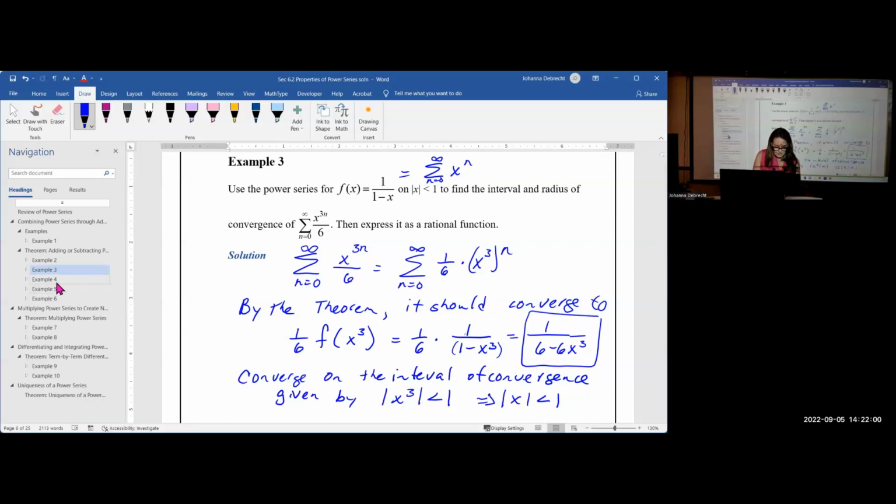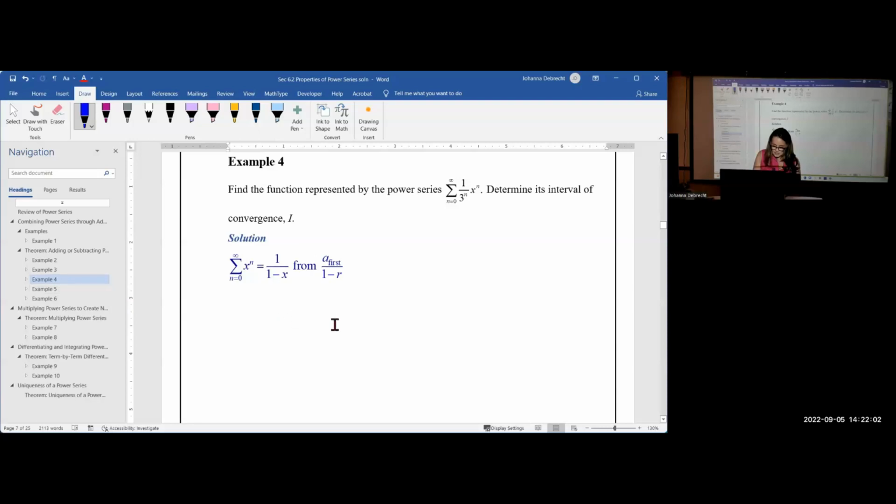Let's look at another example, which is example 4. Example 4 wants us to find the interval and radius of convergence, or at least the interval of convergence, for the power series x to the n over 3 to the n starting at n equals 0.